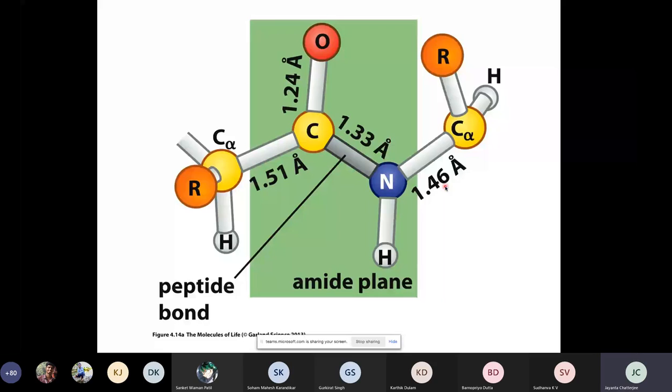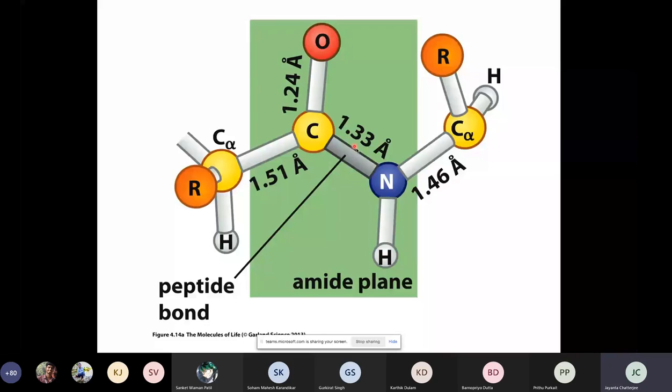Any idea why this is so, although both are CN bonds? Because there is resonance over here, a partial double bond. Yes, same thing. Resonance, partial double bond. Good. This is actually a demonstration that there must be partial double bond character in this CN bond, and that is why the bond length is shorter.